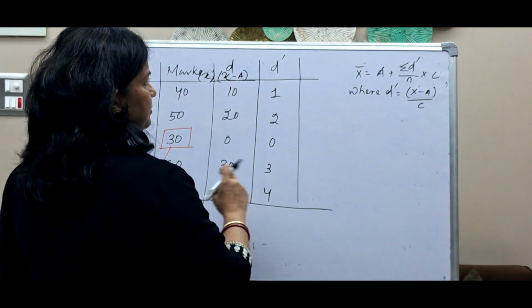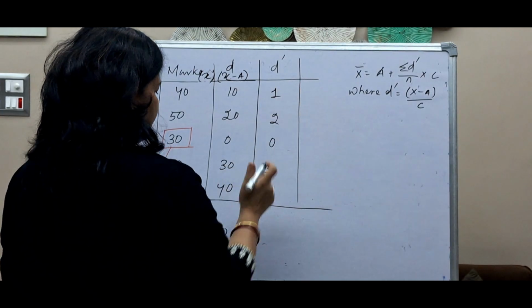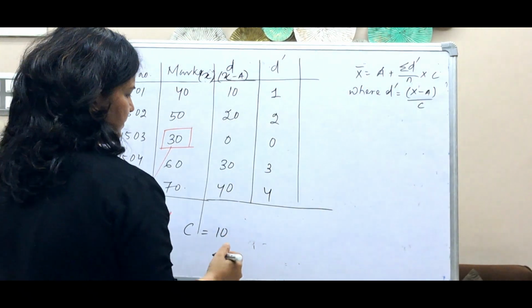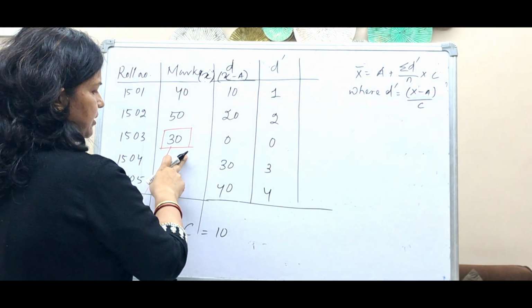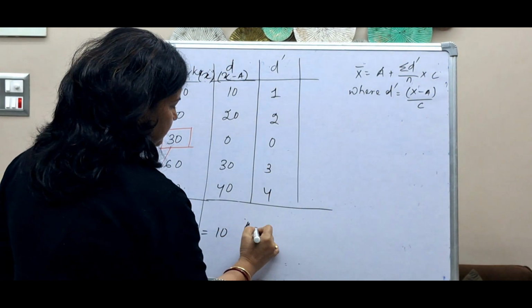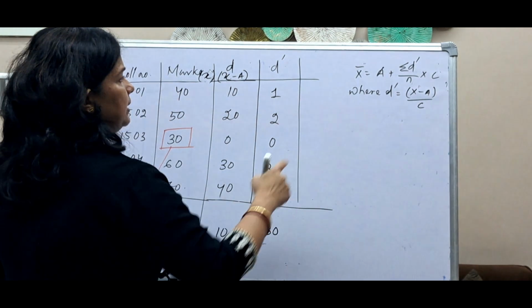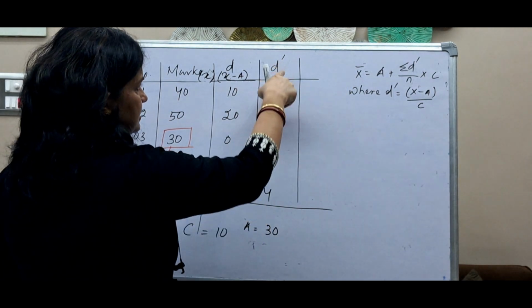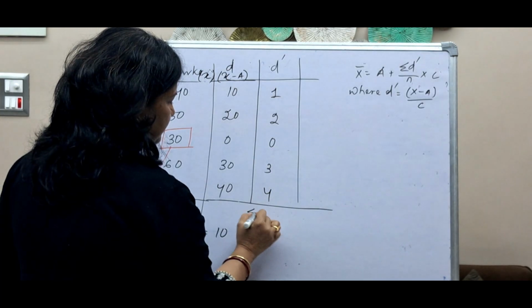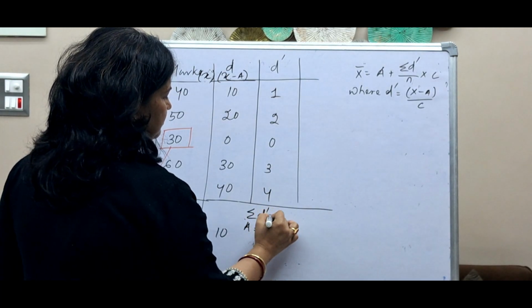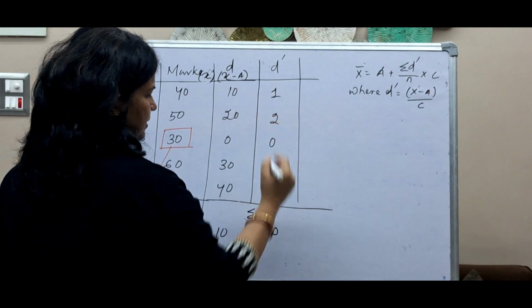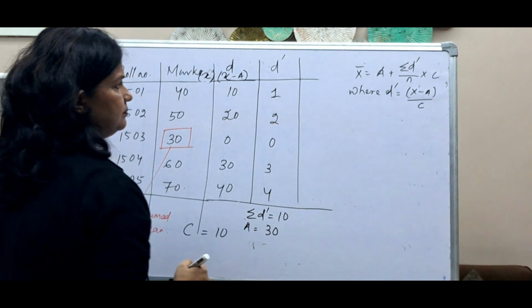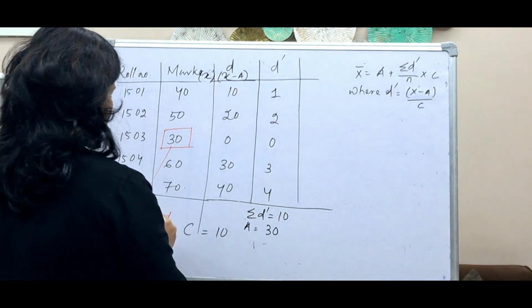So now we need to find the x bar. For x bar, first we have our assumed mean a equal to 30. Then sigma of d dash we can get from here. Sigma of d dash equal to 4 plus 3 is 7, 7 plus 2 is 9, plus 1 is 10, divided by n equal to 5.